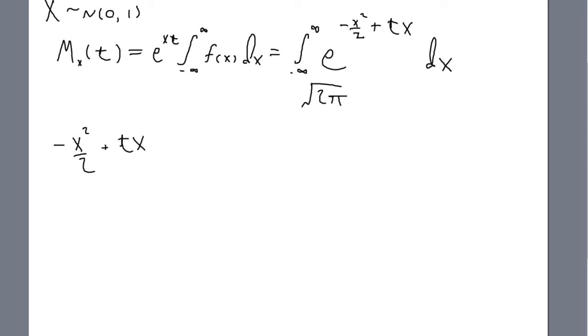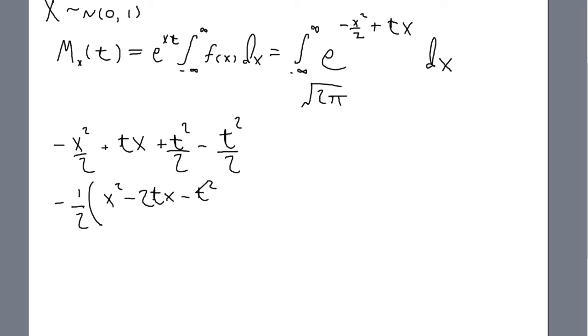How? If you take out negative 1/2 from here, you get x squared minus 2tx minus t squared plus t squared.